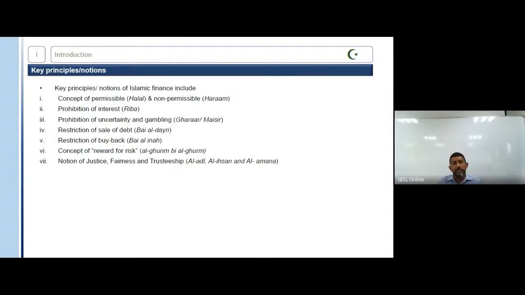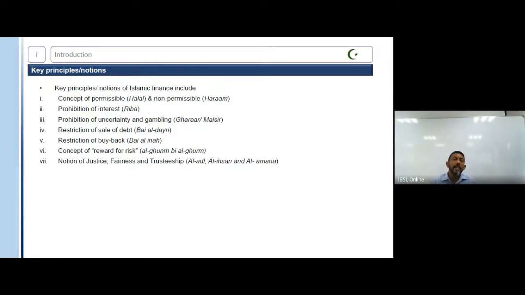When it comes to business transactions, trade transactions, which we are going to study under Islamic finance, what is permissible is defined as everything other than non-permissible activities.